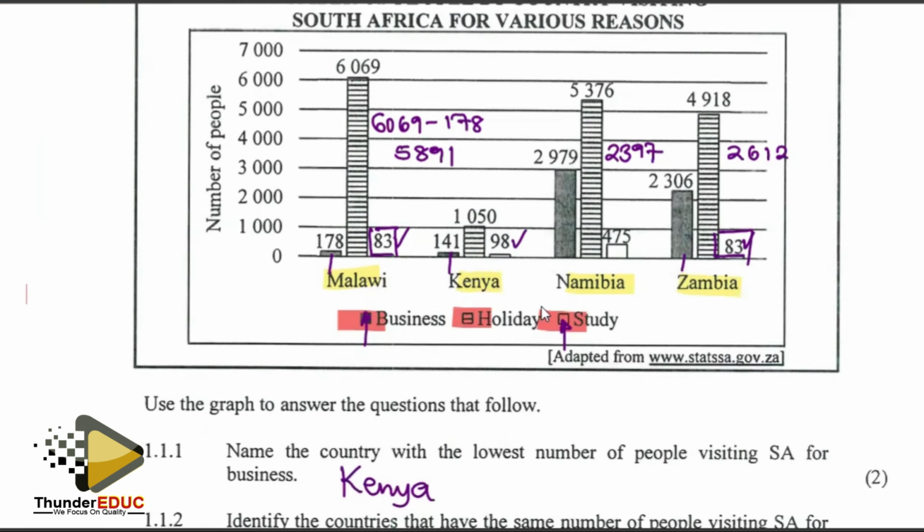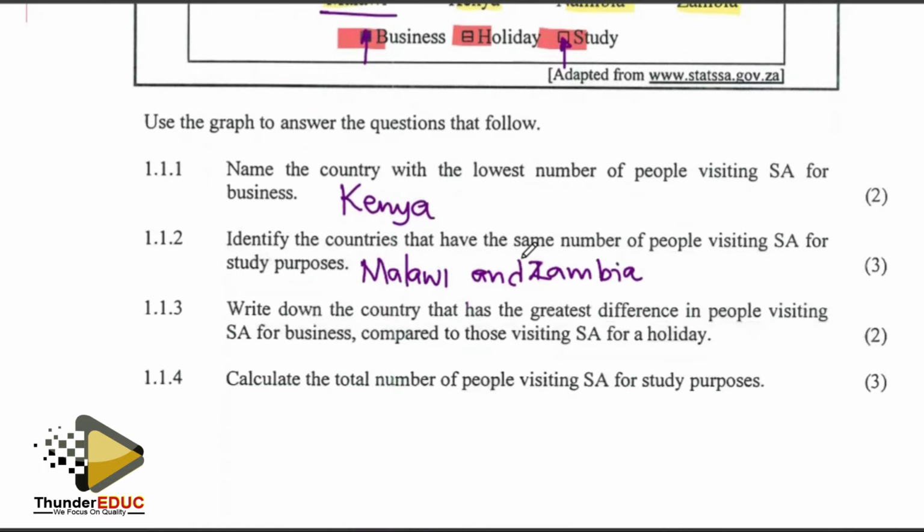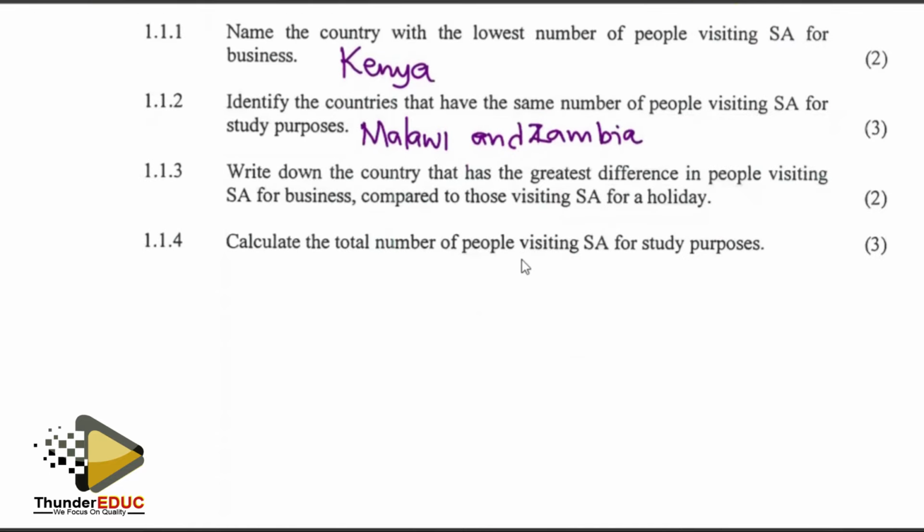There's this one here, 1,050 minus 141, which gives 900. But at a mere look, you'll tell that it's Malawi, because you see this number is way far from the other one here. So which one has the largest difference? We shall say it's Malawi.